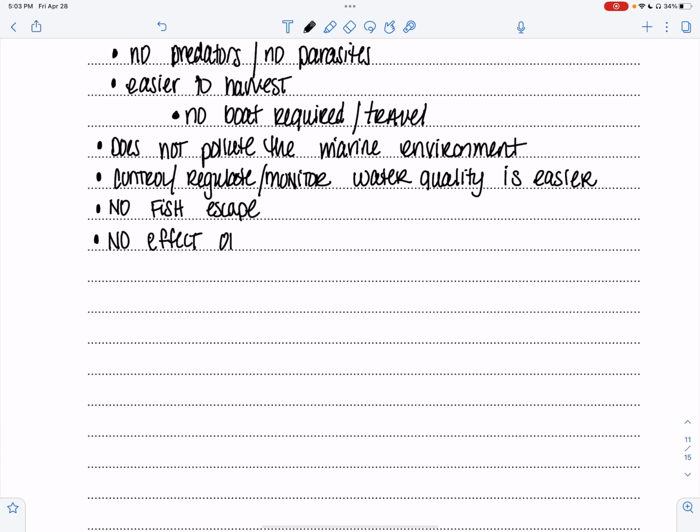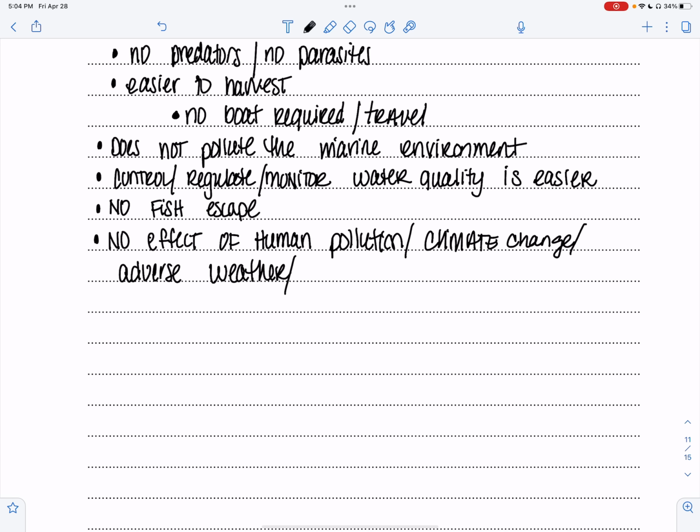So no effect of human pollution, climate change, adverse weather, and no effect of algal blooms or eutrophication if you're in a land-based tank.